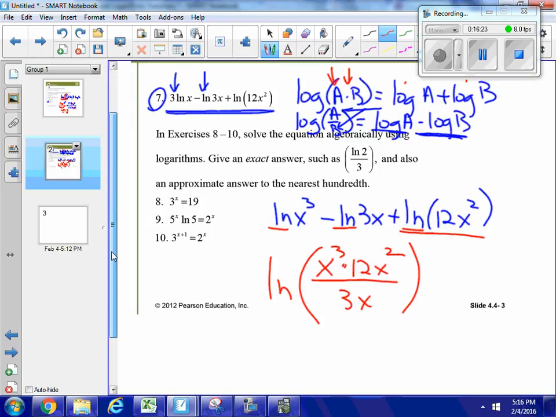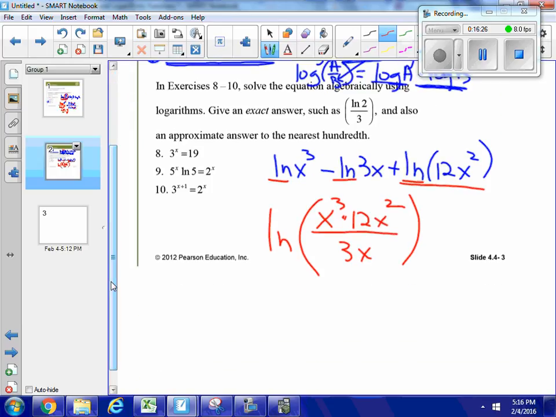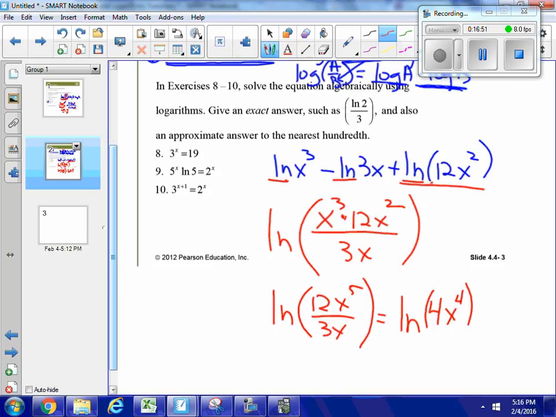Well, in this case here, I have log a plus log b. They're separate. I'm combining them. It's a multiplication operation. So now I have ln 12x to the 5th divided by 3x, and that equals ln 4x to the 4th. And that's my answer to number 7.